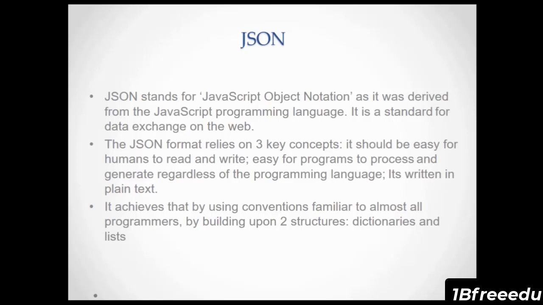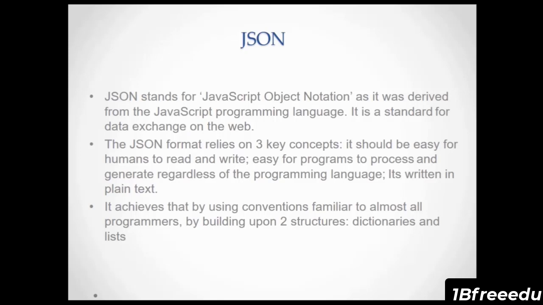Let us see why JSON format is used across all the web APIs. In general, we have three key concepts. One is it is easy for humans to read and write. So it is very readable. It will generally be in dictionaries and lists, and it is almost easy to understand. Only in case of very complex JSON, it will be very difficult to read.